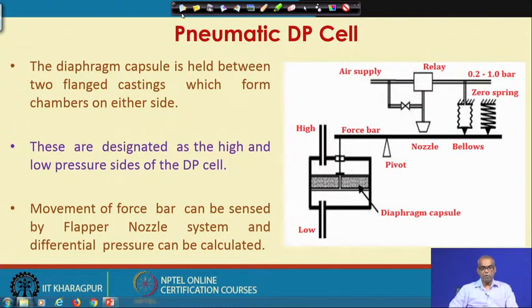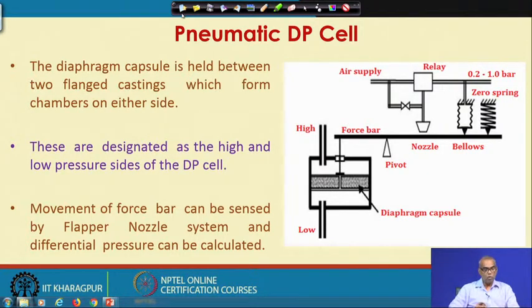So, the diaphragm capsule is held between two flanged castings which form chambers on either side. These are designated as the high and low pressure sides of the DP cell. Movement of the force bar can be sensed by the flapper nozzle system and differential pressure can be calculated.